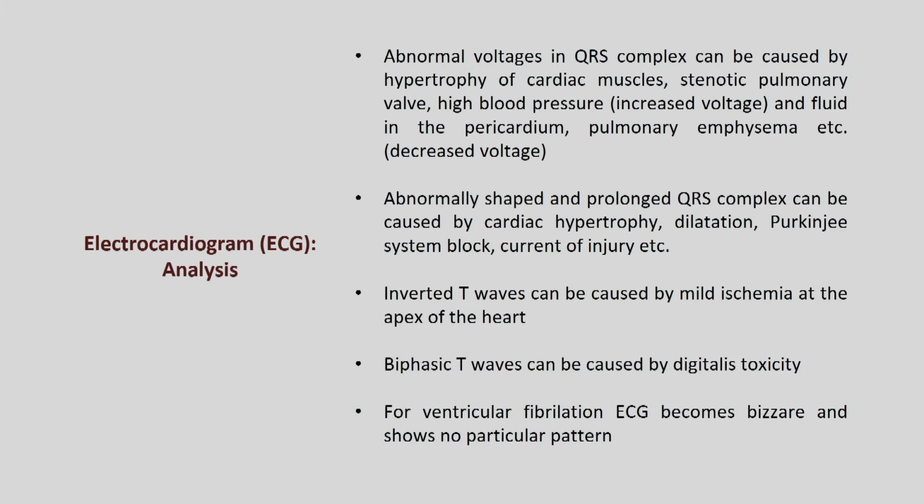So, that is also possible. For ventricular fibrillation, the ECG becomes bizarre and shows no particular pattern. That is an indication, especially when you are doing a lot of cardiac tests, right, okay, stress tests. So, if you have such an indication, you really need to go for medical intervention.